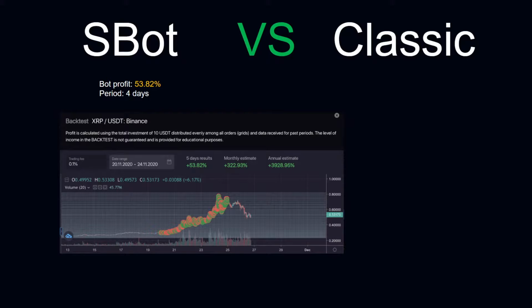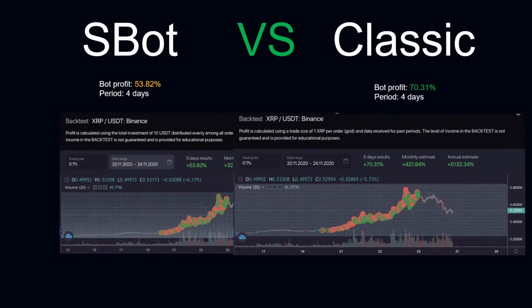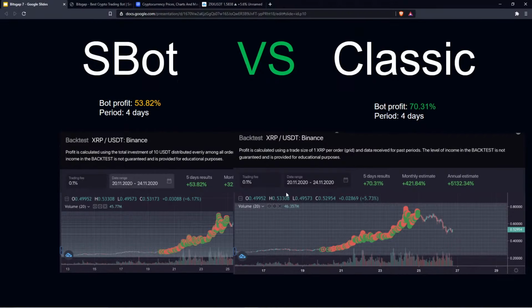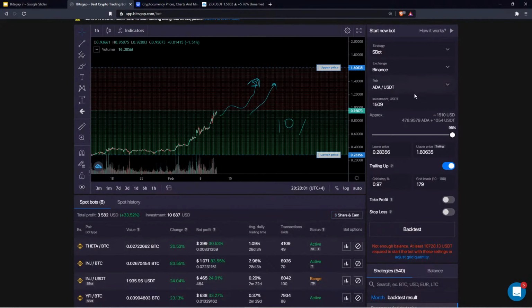So for the SBot, when the price goes higher, it buys fewer coins, whereas in case of the classic bot, it always buys the same amount of crypto. So on the rising market, you have a bigger risk exposure in the classic configuration. So you see here the same period for XRP USDT, but classic generated 70%, whereas SBot generated only 53%.